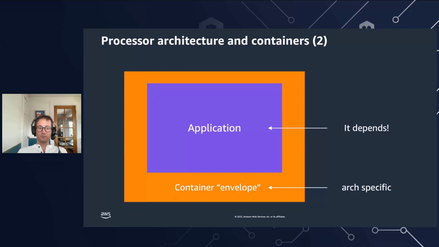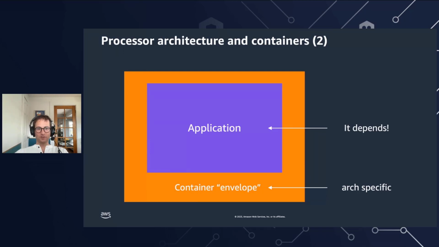They can come from the same Dockerfile. You can write it once and generate a version for ARM64, a version for x86, and even store that under the same tag in your favorite container registry. That's called multi-architecture.